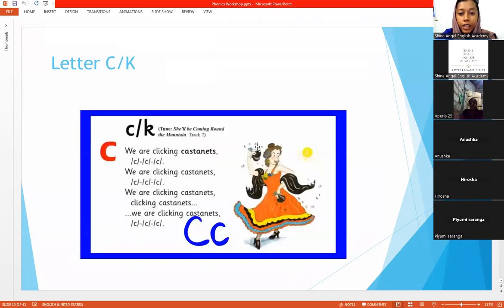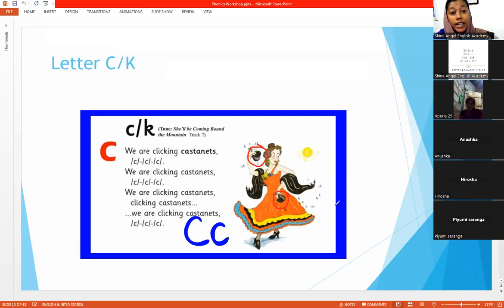Okay, let us see. Here it's like the castanet. Can you see the lady having a castanet in her hand? When you click the castanet, that gives you a sound.